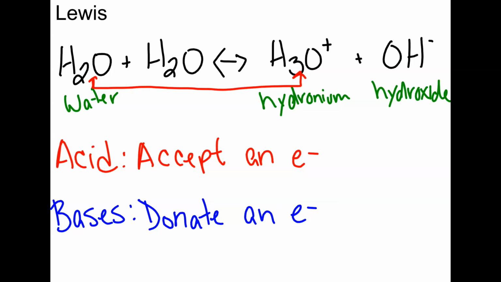That's right, it's acting as the base. So this water molecule here is acting as a base, but in the reverse reaction, this is going to be giving away its H plus, so this acts as an acid.